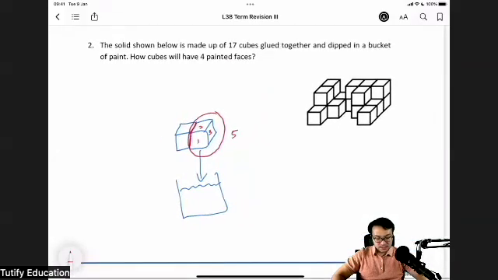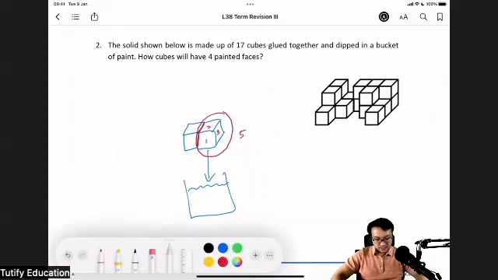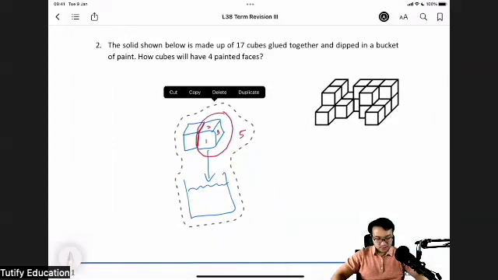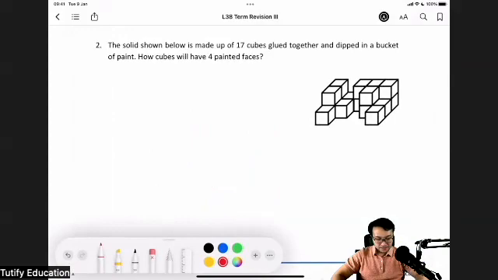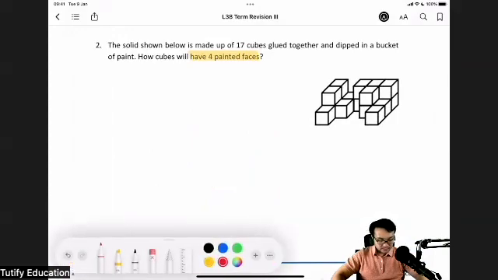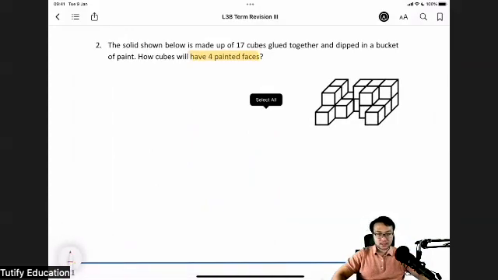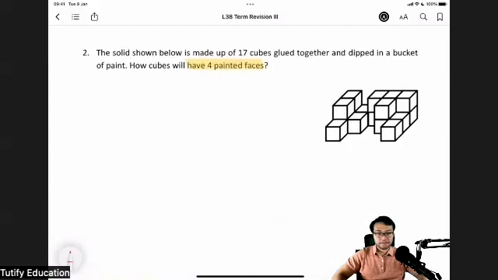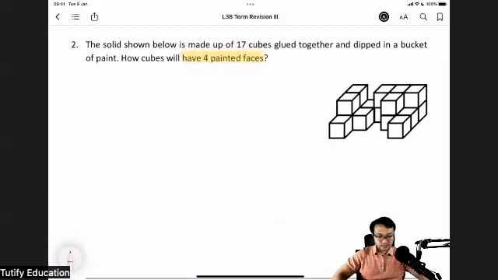Now this question is asking us, if the entire figure is dropped into a bucket of paint, how many cubes will have 4 faces that get painted? So let's do it one by one. What about this? How many faces of this cube do you think is painted?